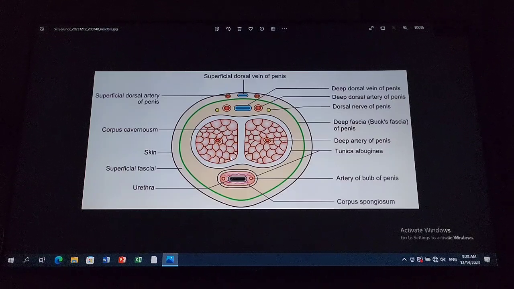This is very important, and 2 nerves from the bilateral sides. فهذه ما ننساها: 3 fascia, 3 corporal, 3 arteries, 3 veins, 2 nerves and 1 urethra. هذه نخليها بالنا. شوف الorganization.